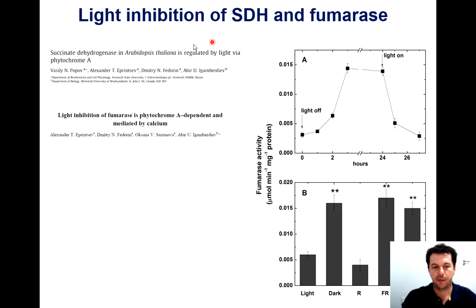These papers describe that this system is related to phytochrome A. So when you have dark, you have more activity, which means that the TCA cycle is working. You have higher fluxes through the TCA cycle, at least in this reaction, under dark conditions.